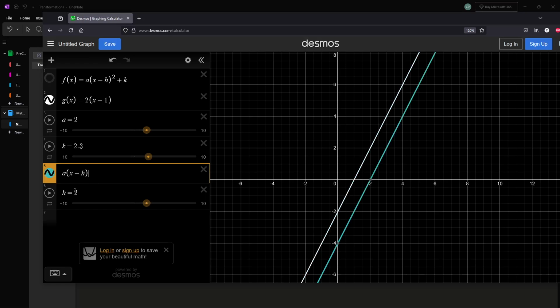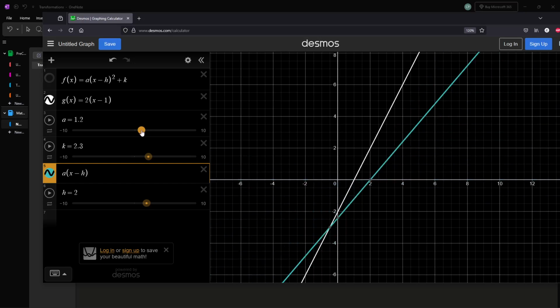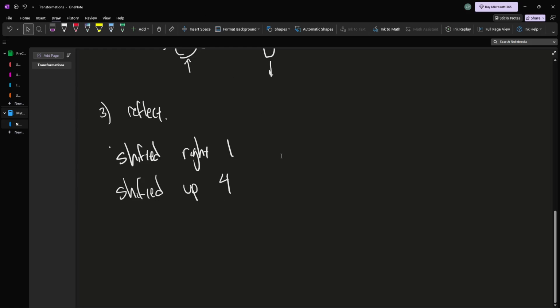So let's go like that. And we see that if a was normal, like I'm not multiplying anything, I need to stretch it up. I stretch it up. That kind of moves this around. But now we can shift it over to make it line up. So what happened here is we stretched it up, stretched vertically.